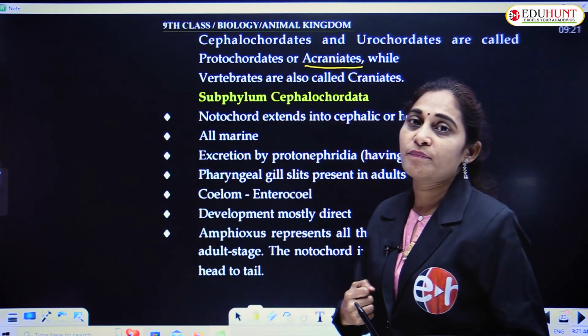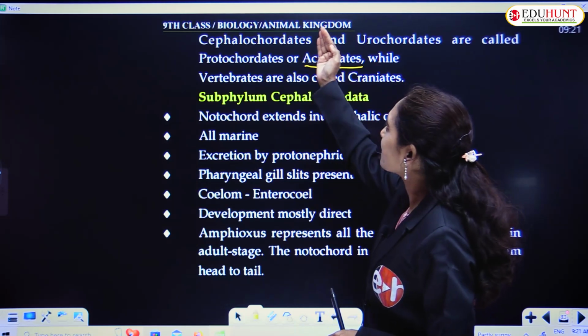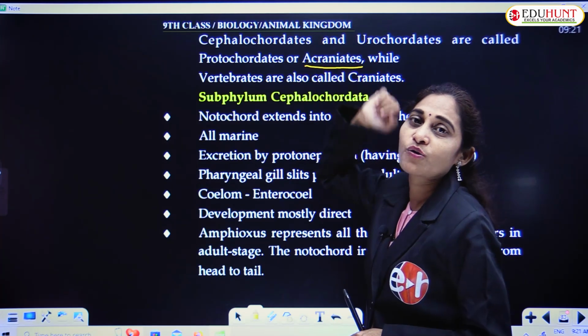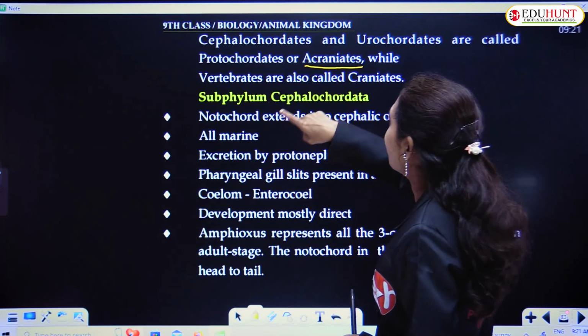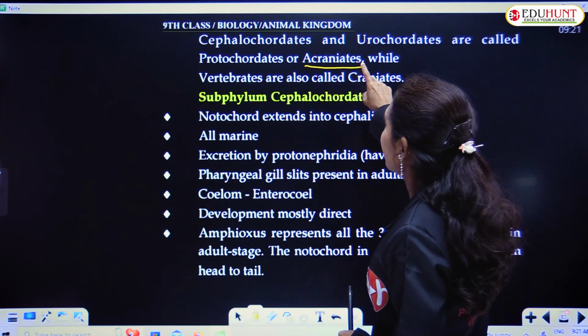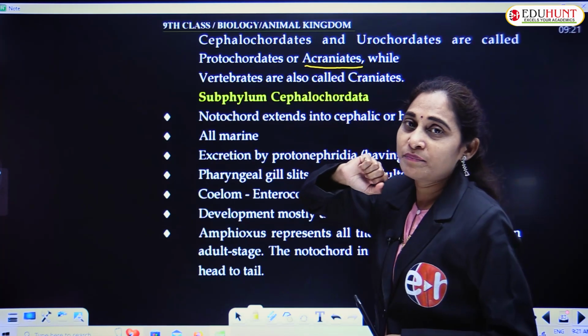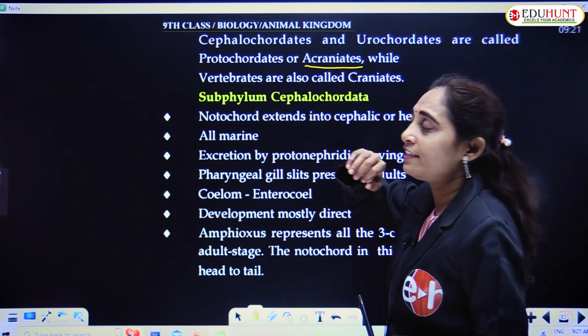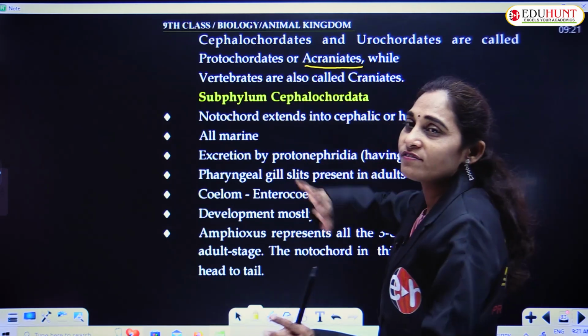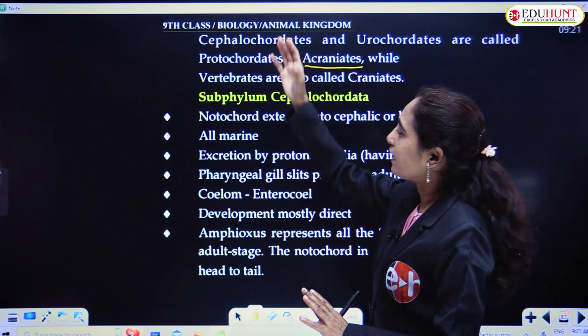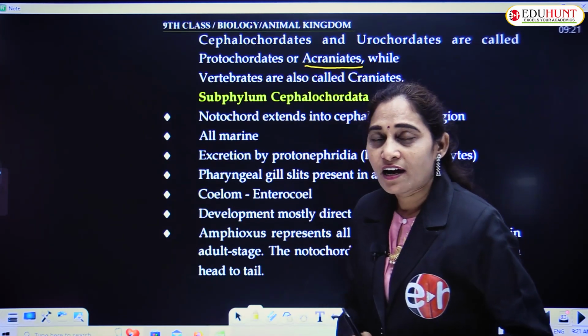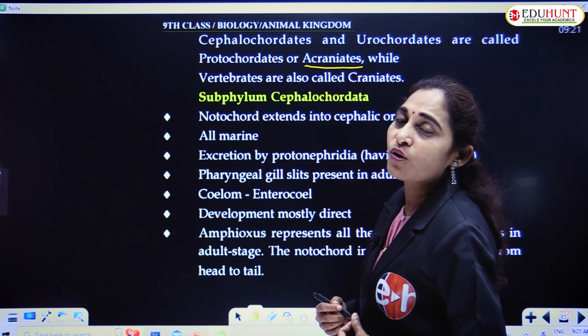That is not present in cephalochordates and urochordates. But vertebrates have this cranium in the skull, in the head. That is why they are separated from the acraniates, which are also called protochordates.